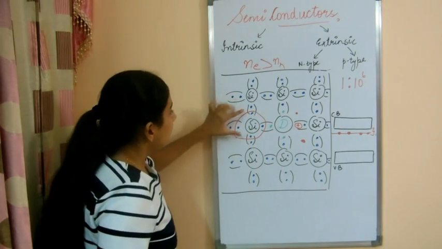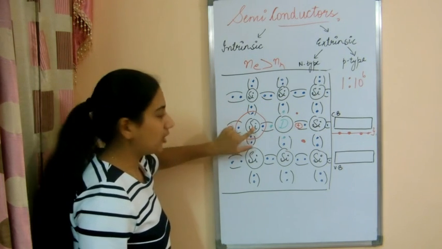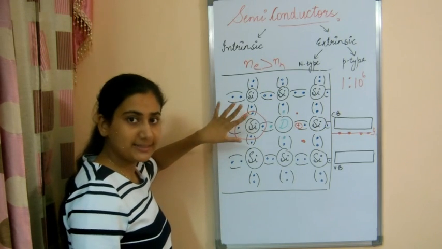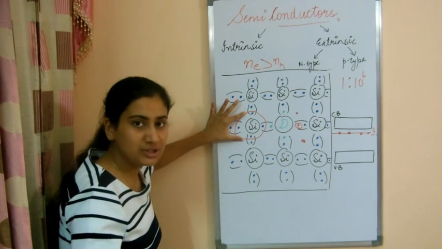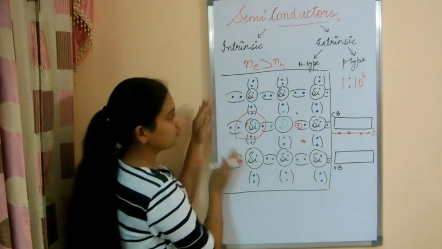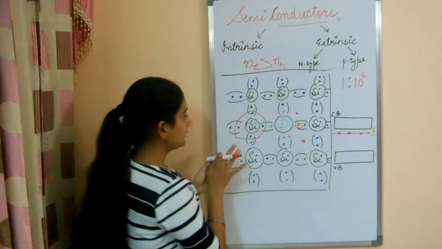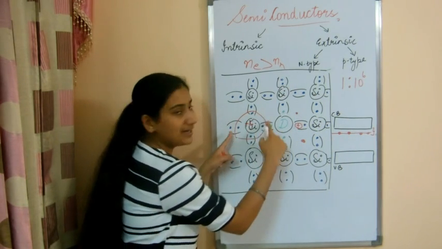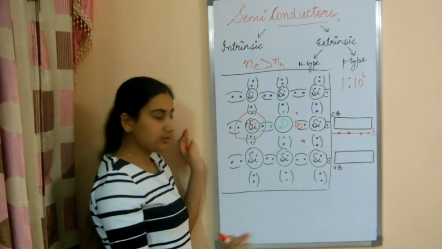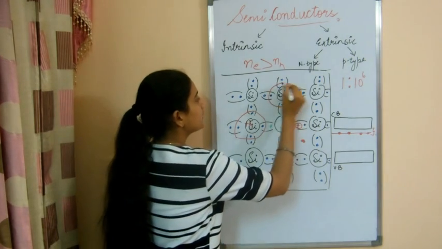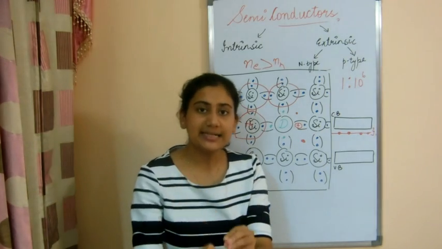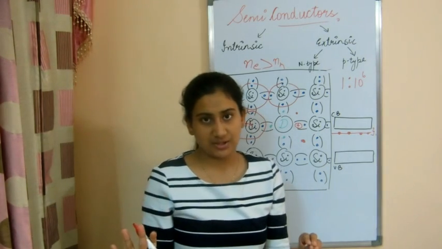This atom as a whole is neutral, because if we talk about valence electrons only, which we are representing, 4 valence electrons have 4 protons in the nucleus. That means it is electrically neutral. Similarly here and all other silicon atoms. That means silicon atoms are not contributing towards the charge.